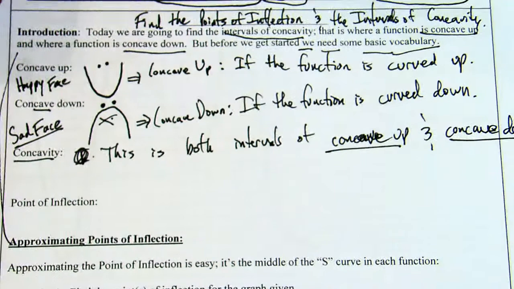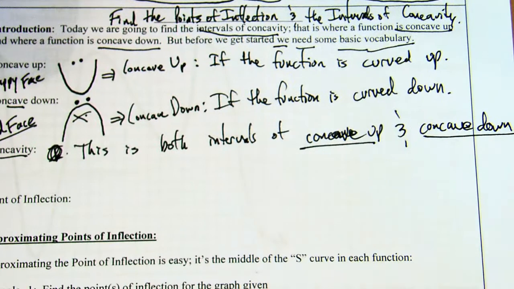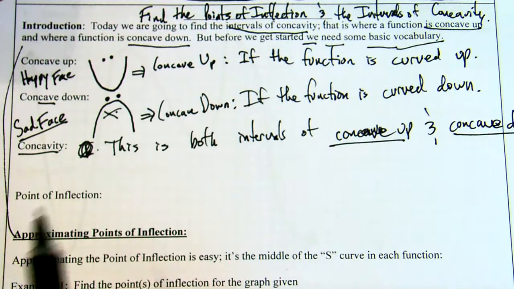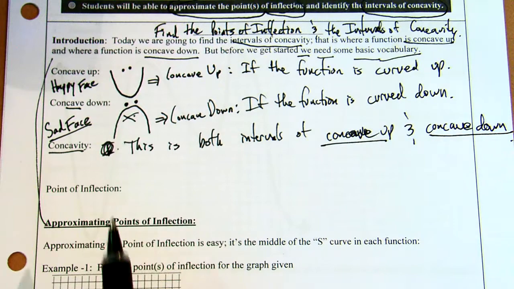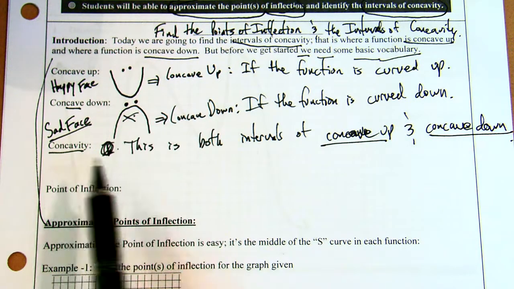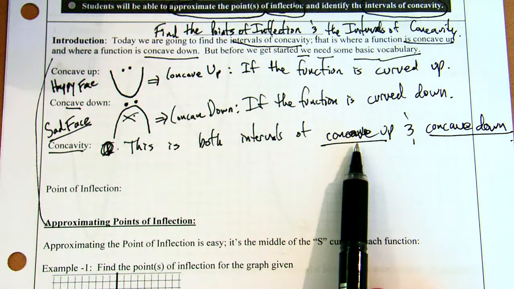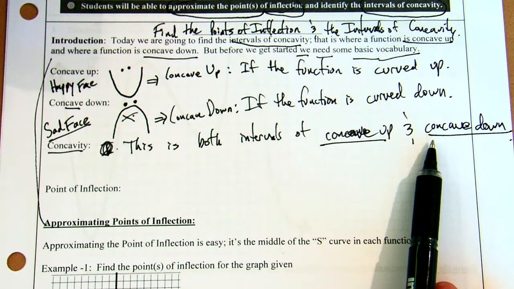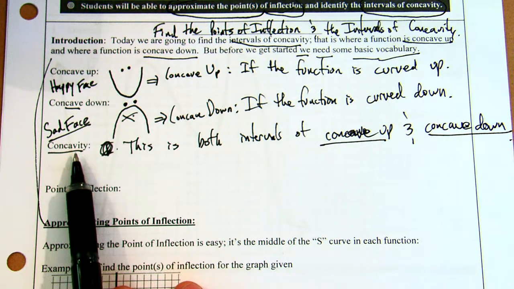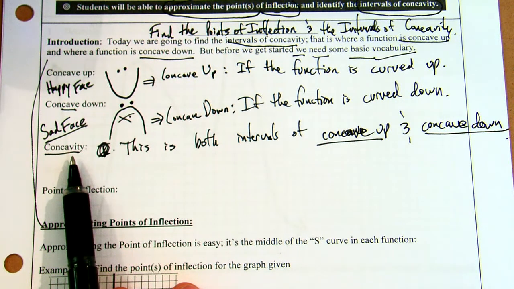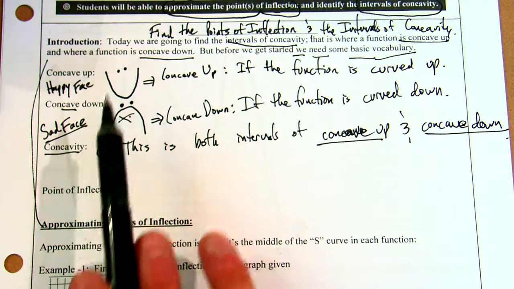Sorry, you can't see. So when I'm talking about the concavity of a function, I'm talking about where a function is caved up and where it is caved down. When you see concavity, think of a cavity in your teeth, right? Your cavities can be at the bottom of your teeth, and they could be on top of your teeth. You can have cavities everywhere. So the concavity is referring to both of these, okay?